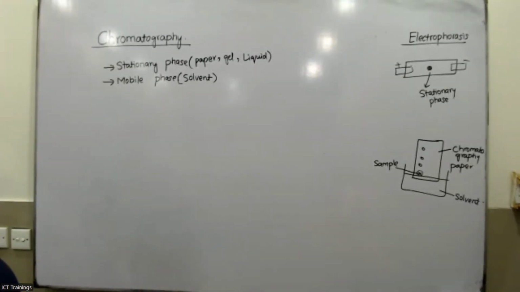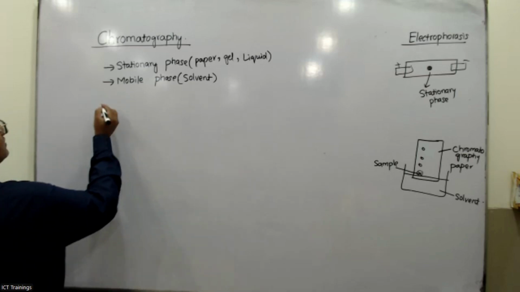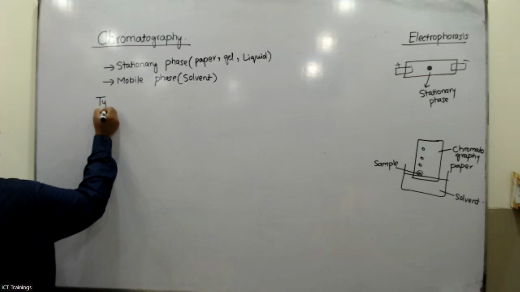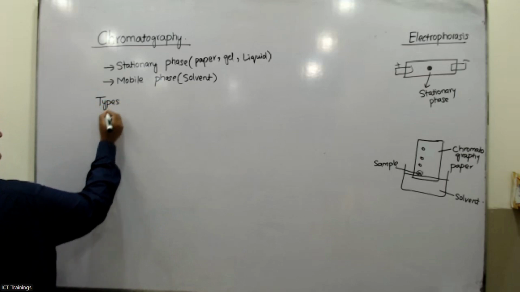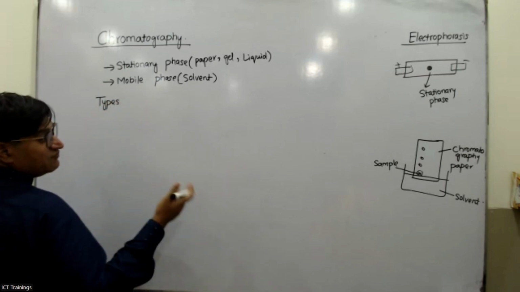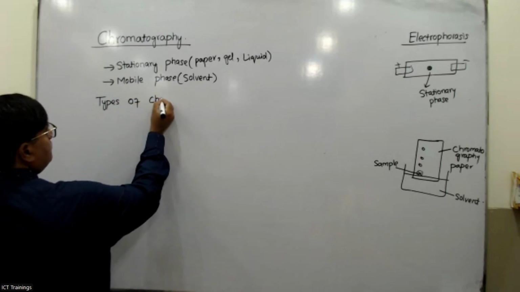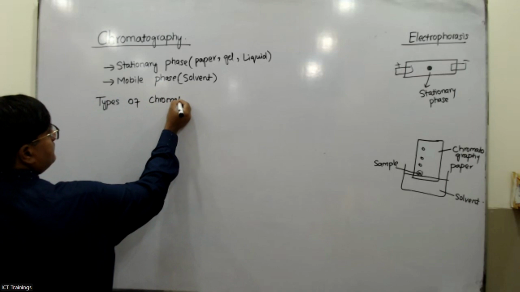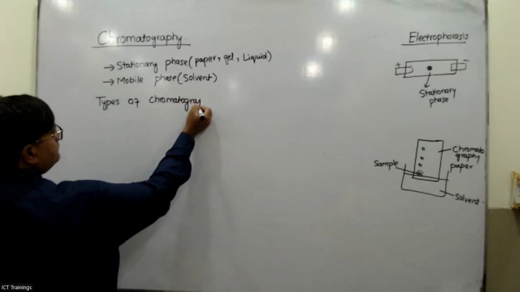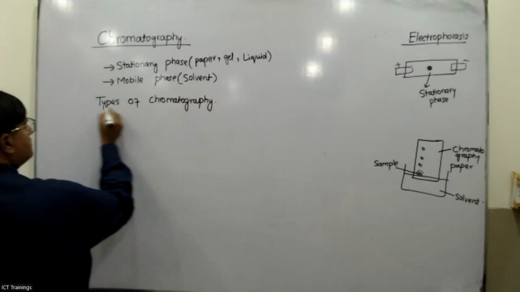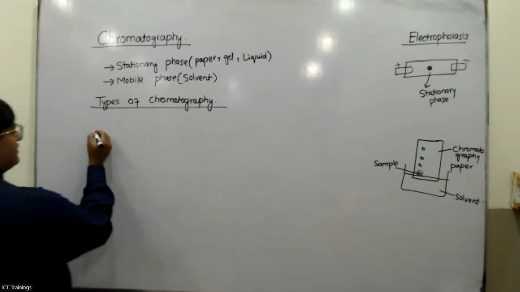Okay, so we got the stationary phase and we got the mobile phase. Now we are going to start with the types of chromatography, and then we will discuss each of them one by one. So we got four types of chromatography.